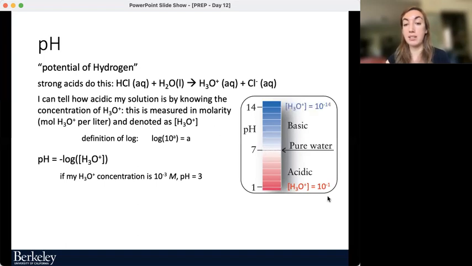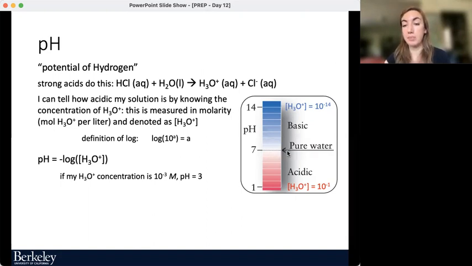For really basic solutions, my H3O+ concentration would be 10 to the minus 14. So 10 to the minus 14 is much smaller than 10 to the minus 1. So higher pH means less H3O+, which means less acidic or more basic.